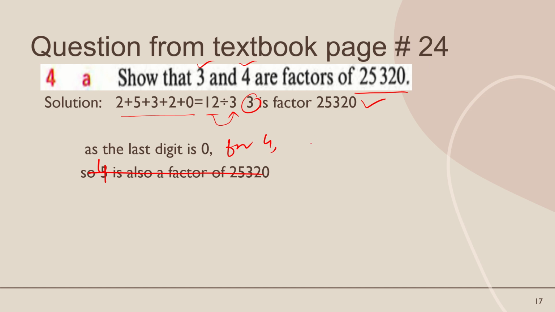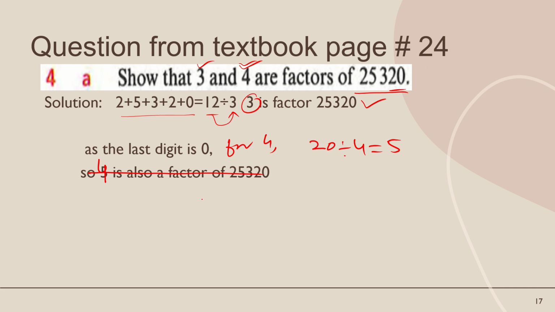If the last two digits are divisible by 4, like 4 fives are 20, if the last two digits divide completely by 4, then 4 will also be a factor of 25320.